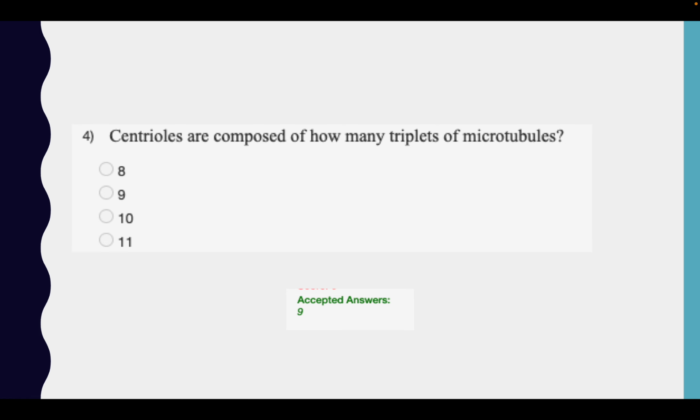What is its function? What does it do? Centriole.